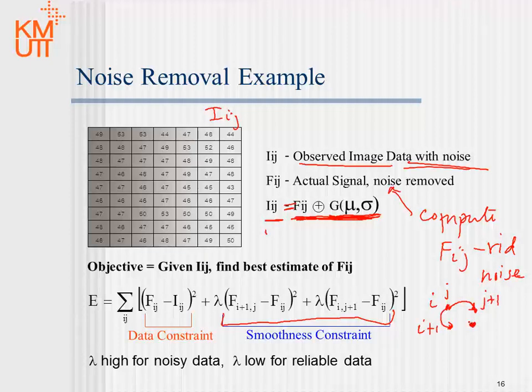Some people might even add another pixel here, I plus 1, J plus 1. Here we only need two smoothness terms, but you can make it 3 as well. So instead of just the right and the bottom pixel, we could also use the diagonal pixel.